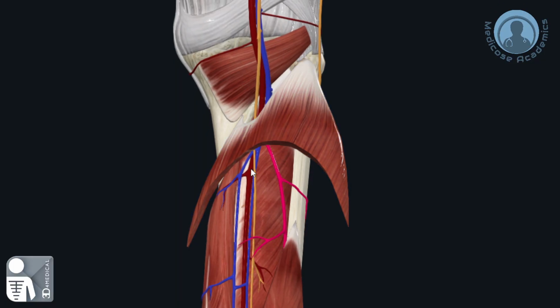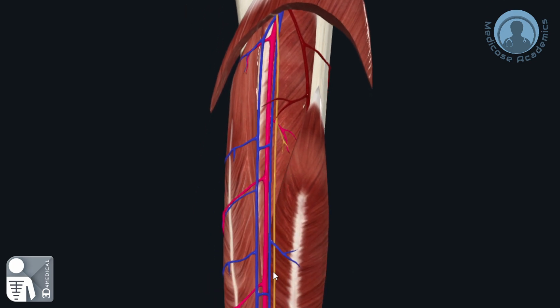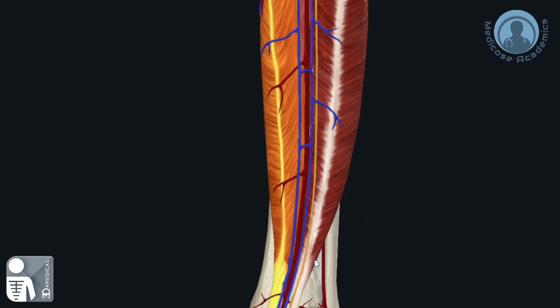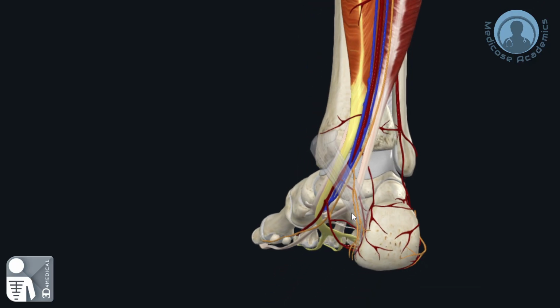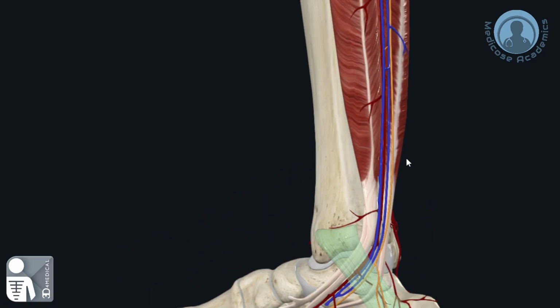It gives rise to this peroneal branch, and it has venae comitantes on each side of it, and it will give rise to numerous muscular branches going on each side. It will go down, lying now on the back of flexor digitorum longus. It will go back and pass under the flexor retinaculum, and this is the point where it is palpated, between the flexor digitorum longus tendon and the flexor hallucis longus tendon.